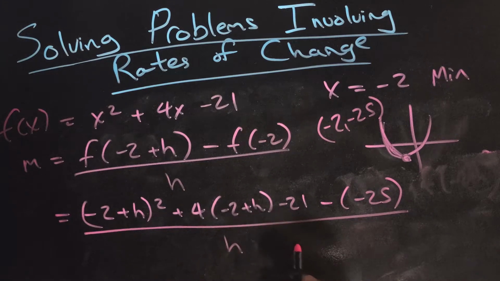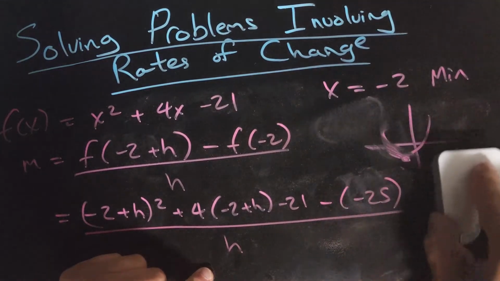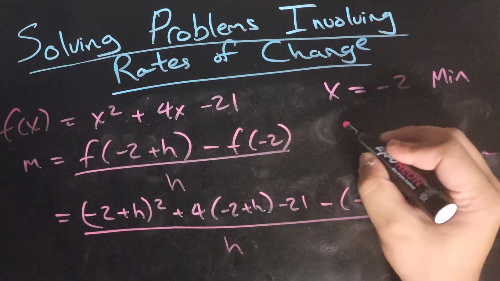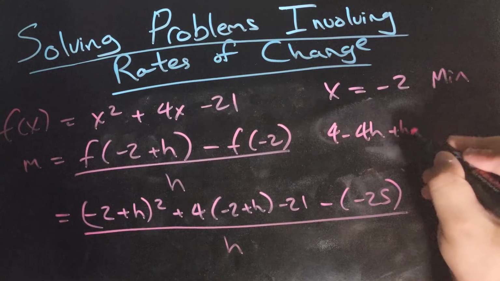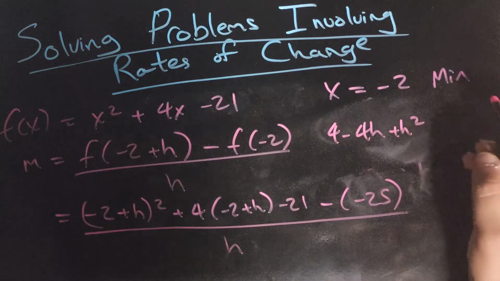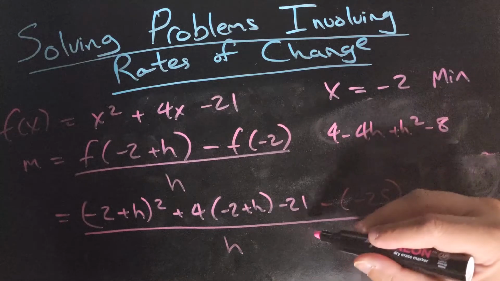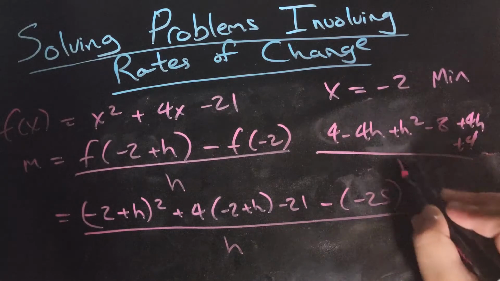So when we simplify this, we should get 4 minus 4h plus h squared minus 8 plus 4h plus 4 all over h.